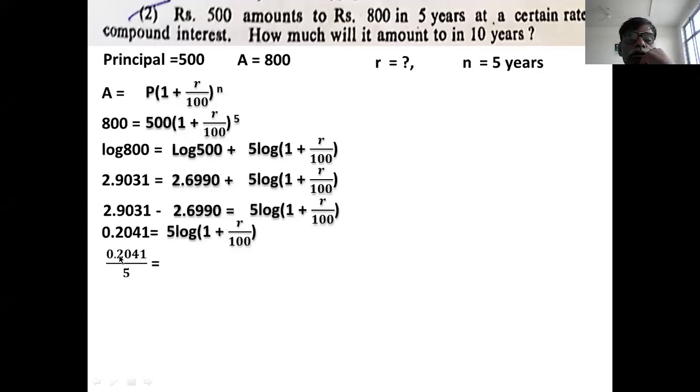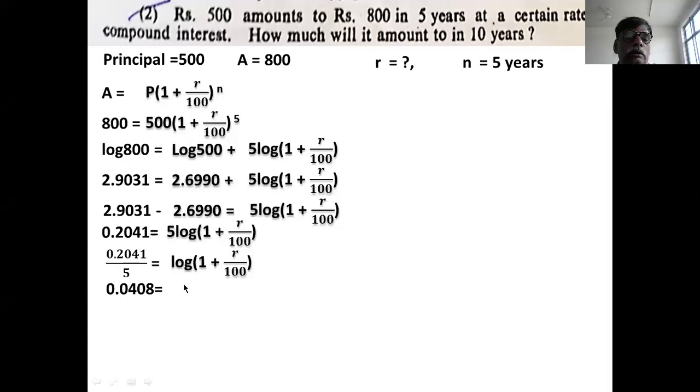Then 0.2041 divided by 5 is equal to log of 1 plus R by 100. Okay, if you divide it, the answer is 0.0408.